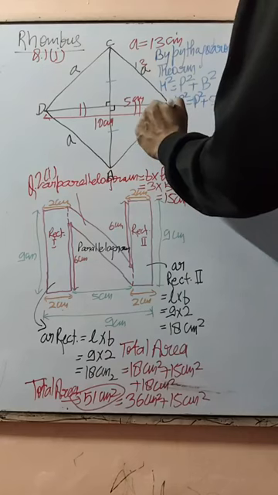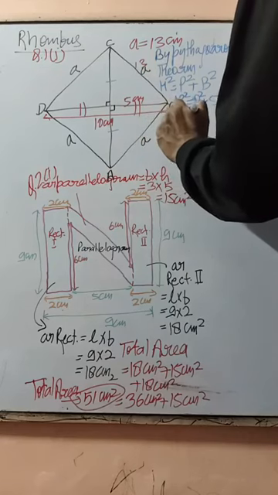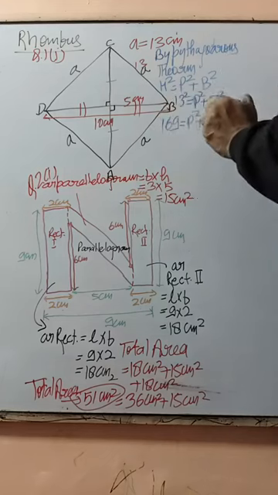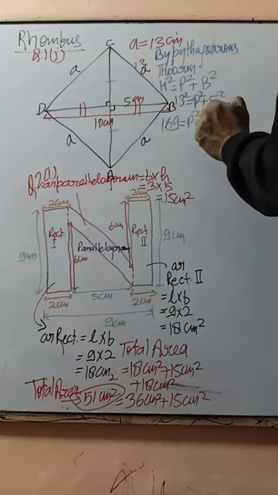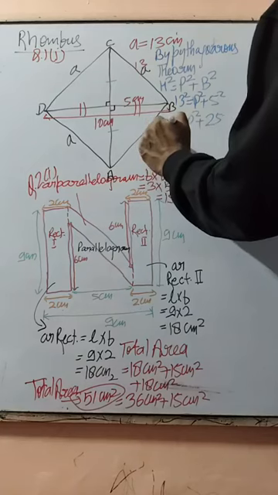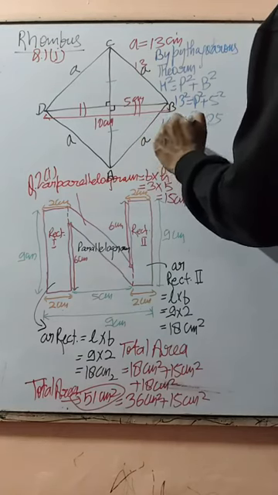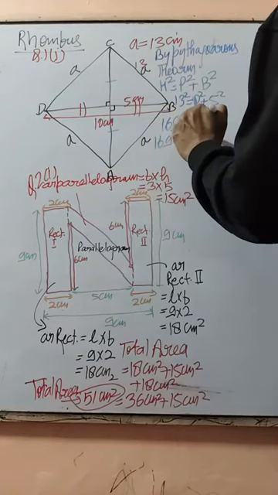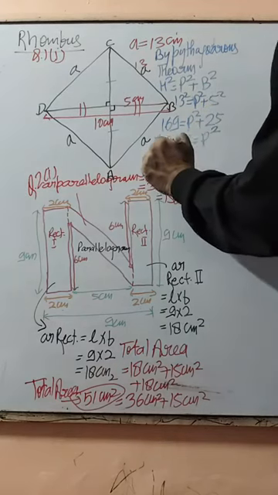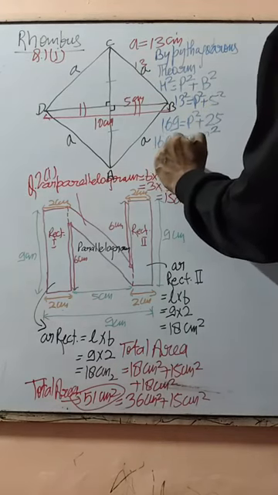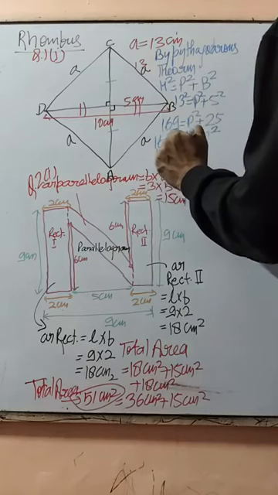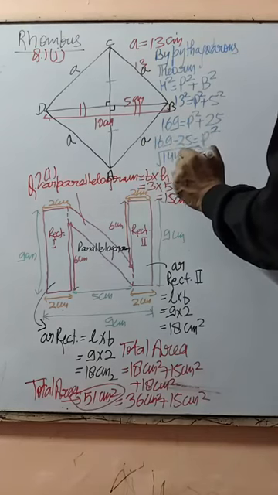So 169 is equal to p square plus 25. So we get 169 minus 25 is equal to p square. So 144 is equal to p square, taking root on both sides.